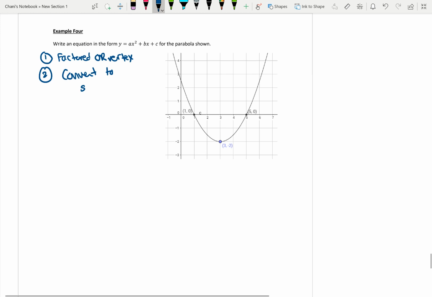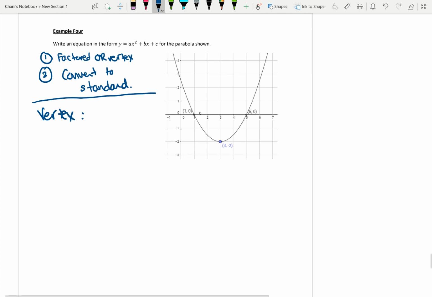I'm going to do this one in vertex form and convert to standard. Next class, I'll do the other method as well to show that you get the same thing. I challenge you to try that on your own.